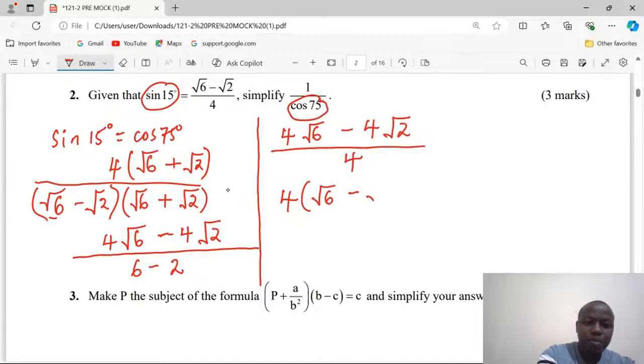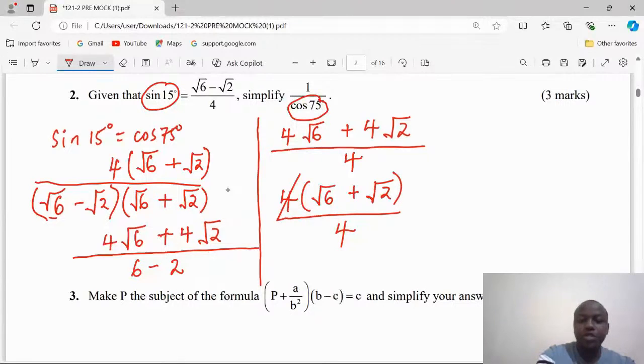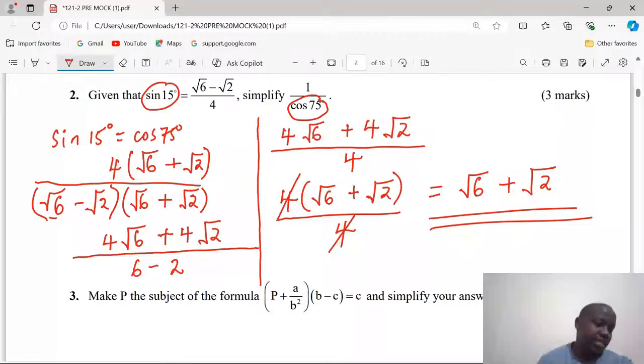From the numerator, we are having a positive, then the root of 2, divided by 4. Because 4 can simplify now, we remain with root 6 plus root 2. So that is how we handle such a surd.